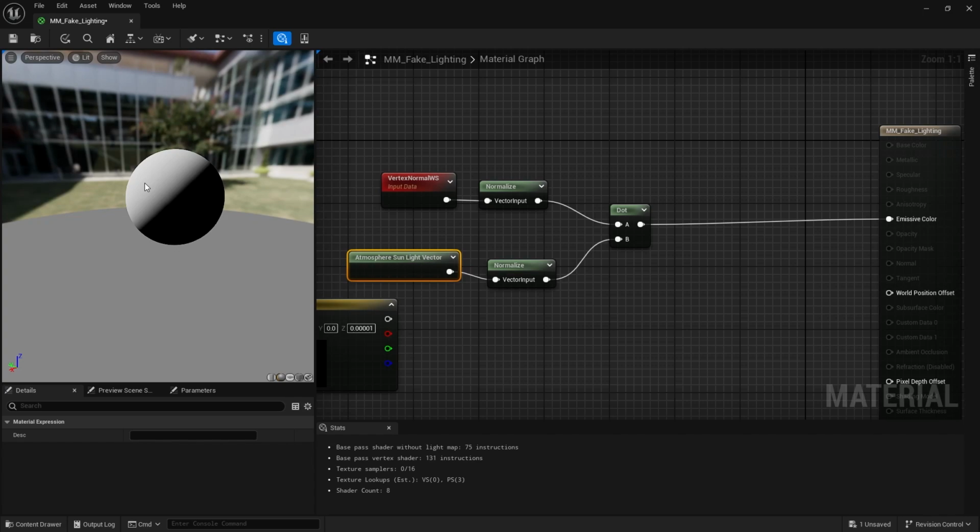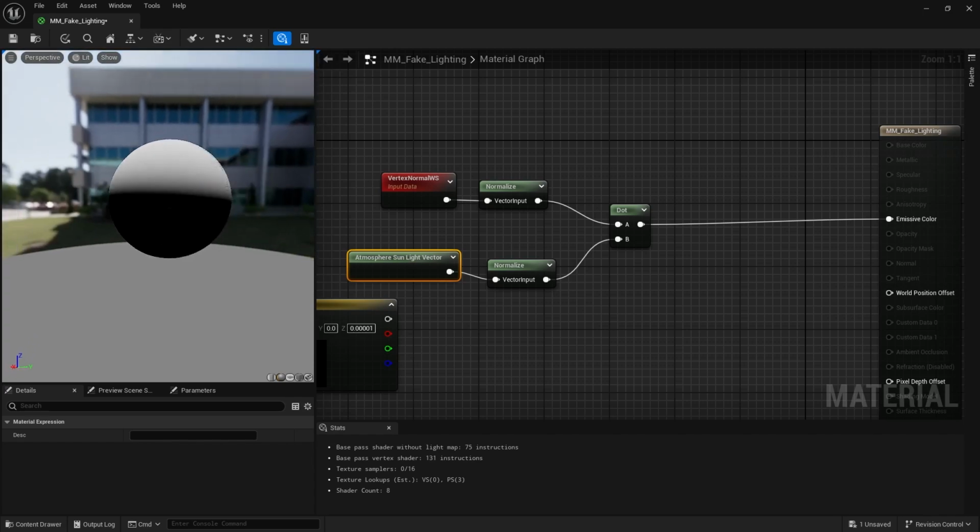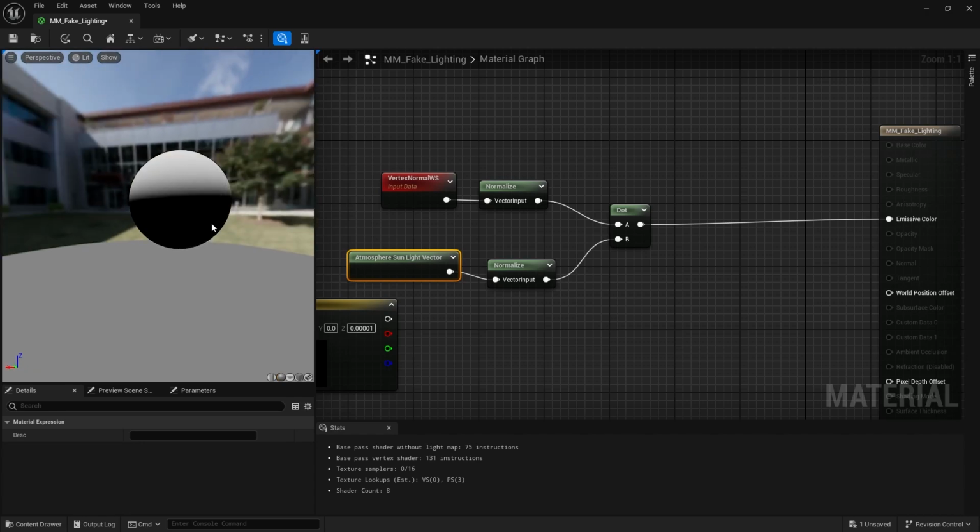So if I now rotate our lighting, see, this is how it goes. If I am rotating the environment, it doesn't do anything, but if I rotate my light, by pressing Alt L on the keyboard and rotating the directional light, you can see the result.